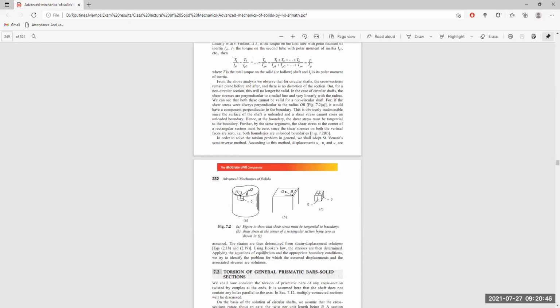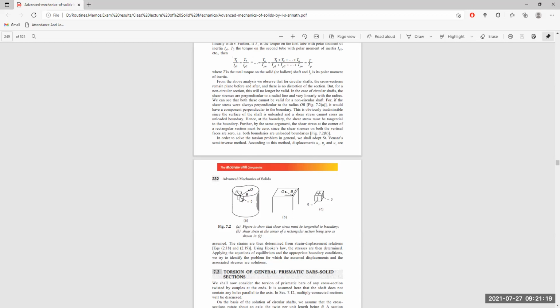There is no loading on the surface itself, but we would be supposed to have a perpendicular component of force acting over the surface of the boundary. This is not admissible because the surface of the shaft is unloaded and shear force cannot cross an unloaded boundary. There is no force on the surface, so there is no shear stress. Hence, the shear stress must be tangential to the boundary itself.